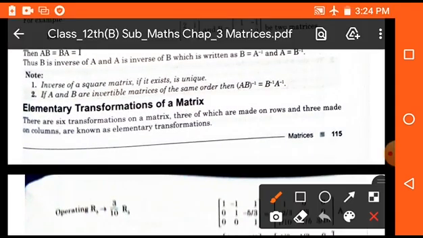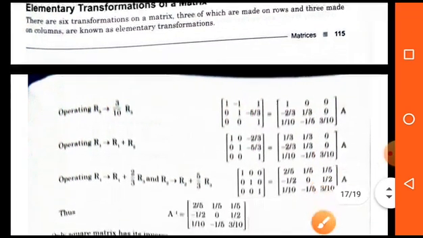Now students, the next topic is elementary transformation of a matrix. Students, this topic is most important because generally this topic is asked in the board examination as a long answer. In the case of elementary transformation of a matrix, you have to find the inverse of a matrix.